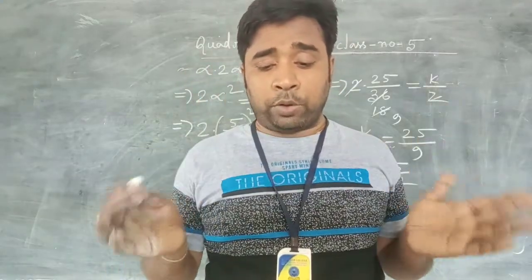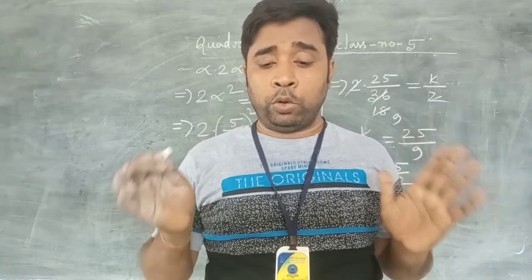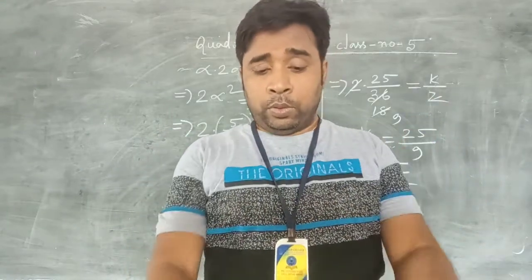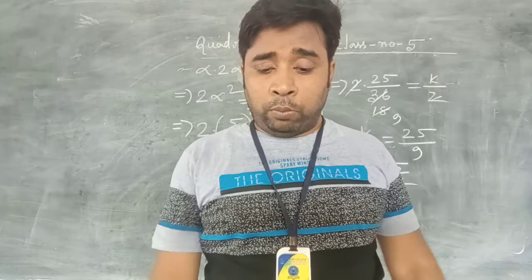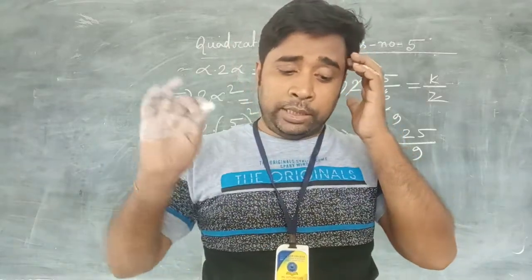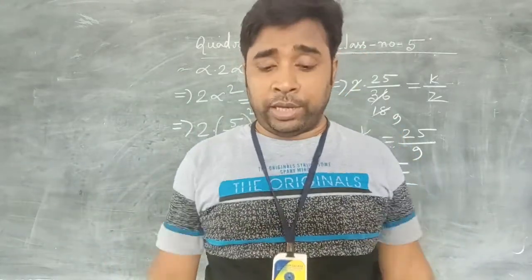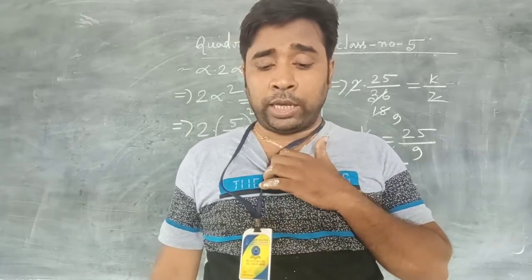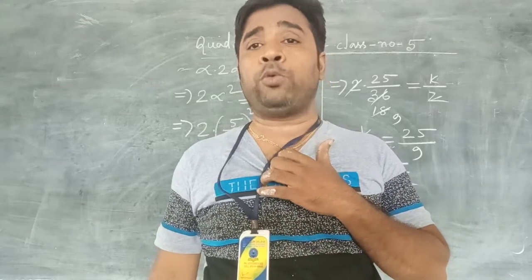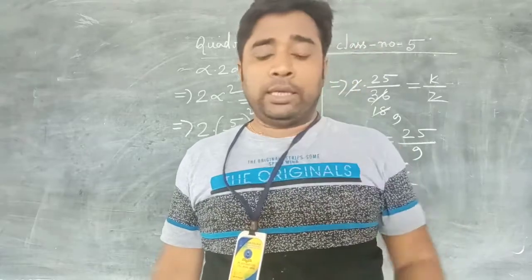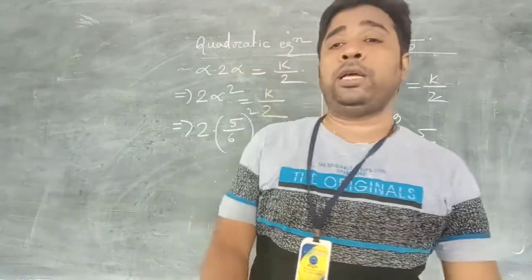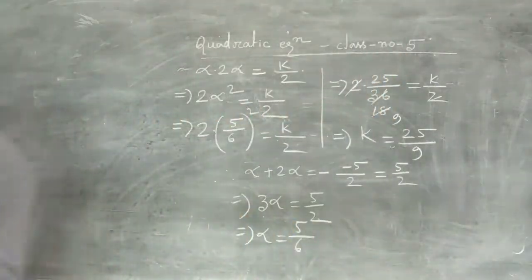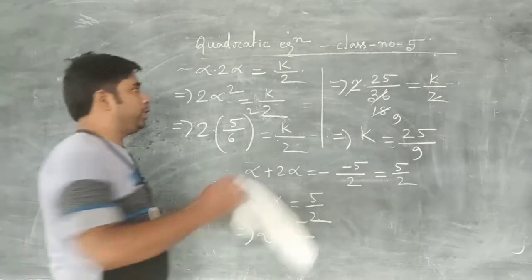By using the method of cross multiplication, we have to solve the question. In this question also we have to find the value of k, but it is given that the two equations have a common root. Common root means alpha is the root of the two quadratic equations.